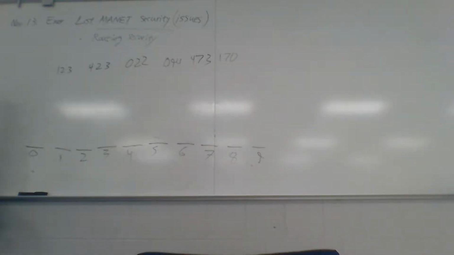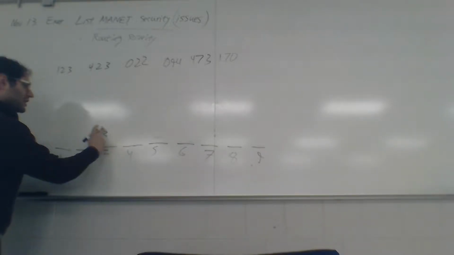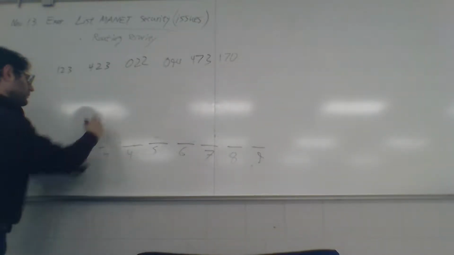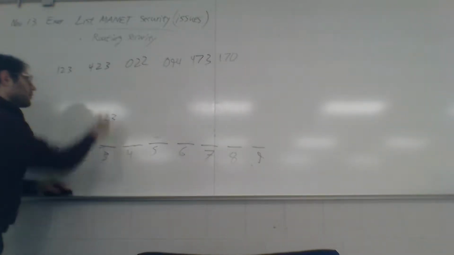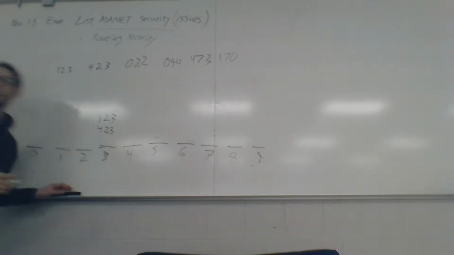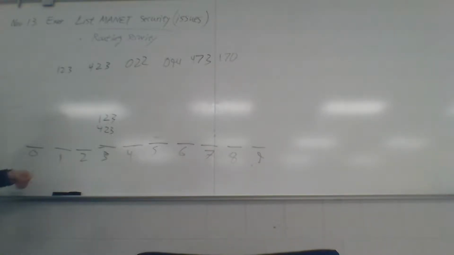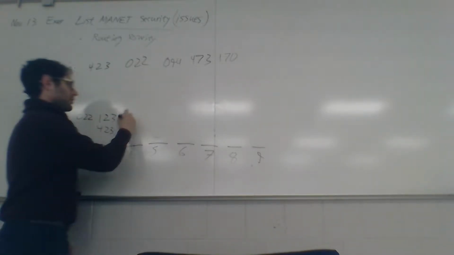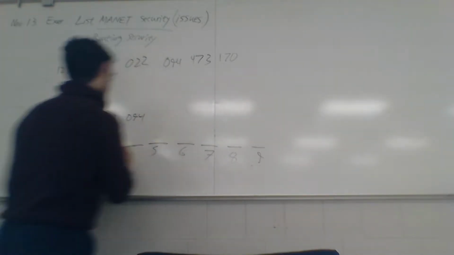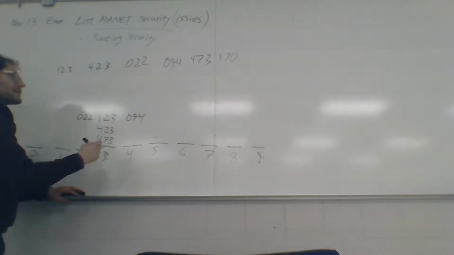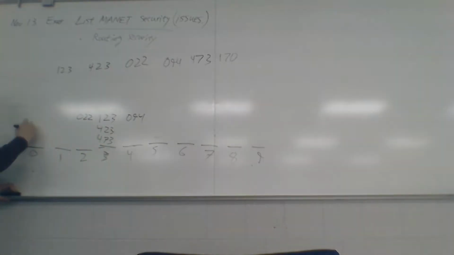So 123 is going to go into the 3 queue because its least significant digit, its 1's place, is 3. 423 is also going to go into the 3 queue because it ends with a 3 as well, right? 022 is going to go into the 2 queue because it ends with a 2. 094 is going to go into the 4 queue. 473 is going to go into the 3 queue because it ends with a 3. And 170 is going to go into the 0 queue.